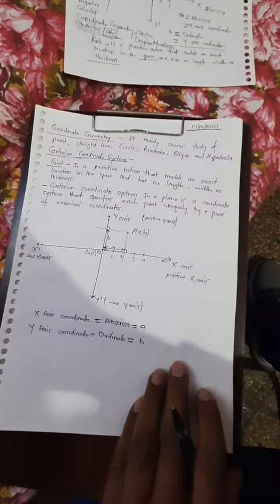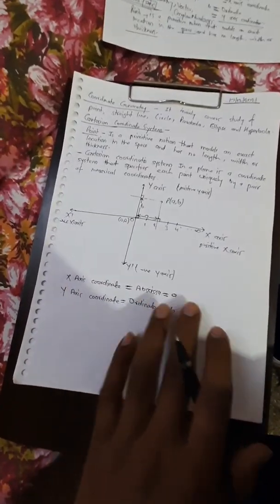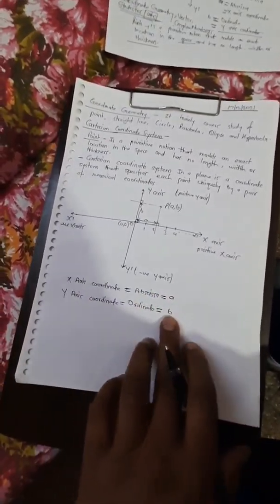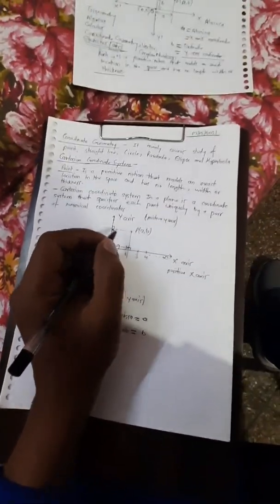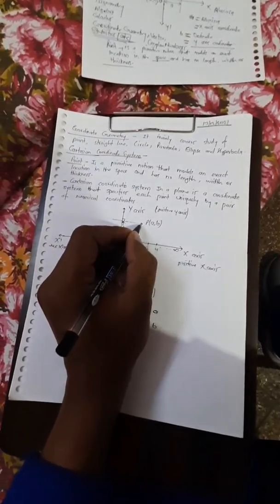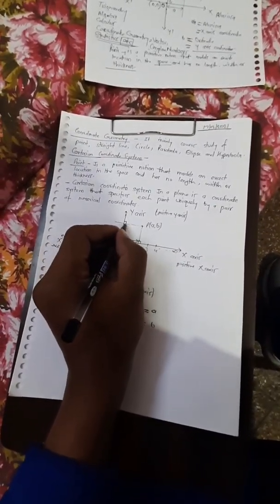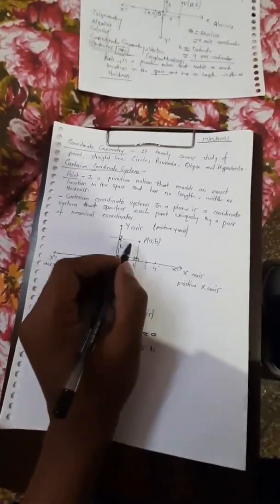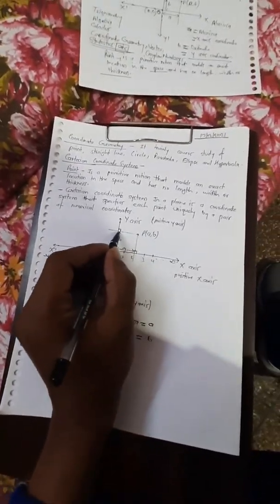Moving forward, the first thing we need to understand is the x-axis coordinate, the abscissa, this is a, and the y-axis coordinate is the ordinate, this is b. So how will we represent a and b? Suppose from P we draw a perpendicular line on the y-axis.